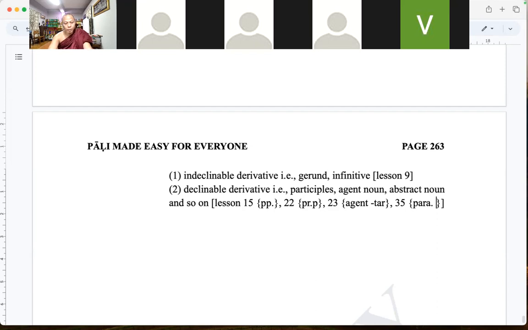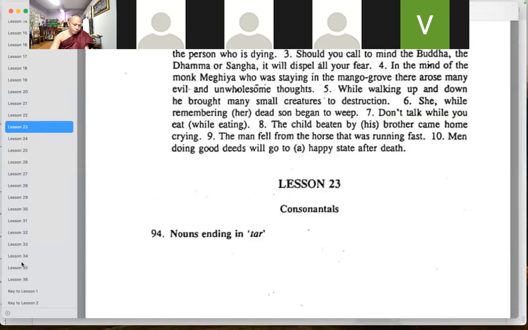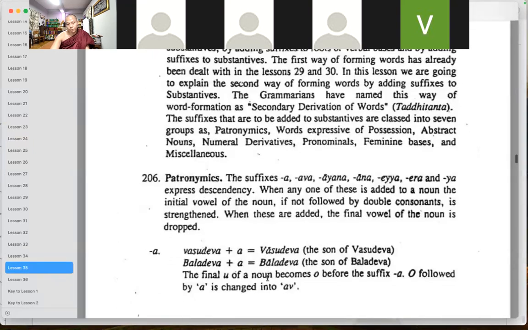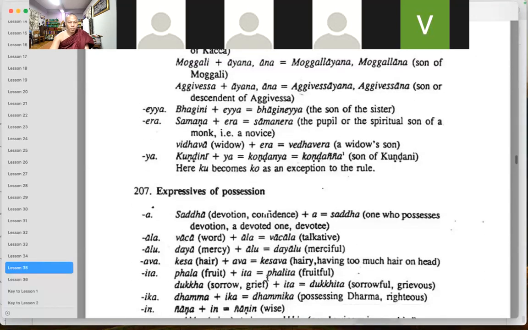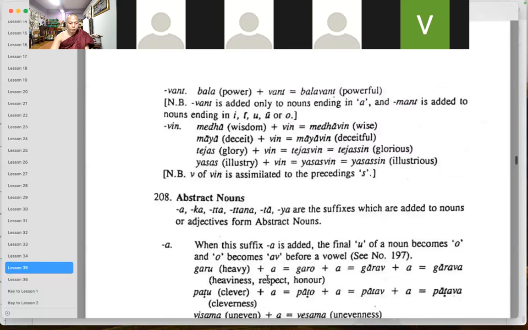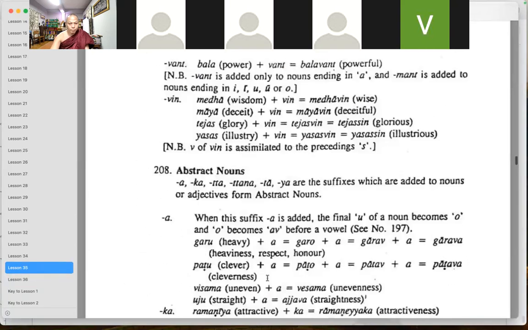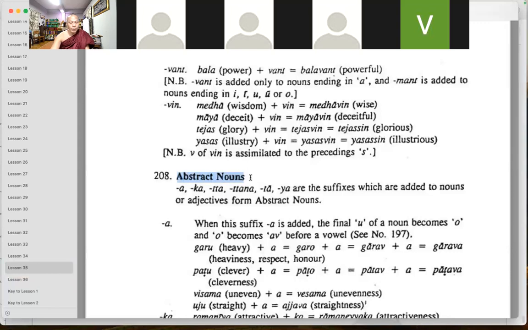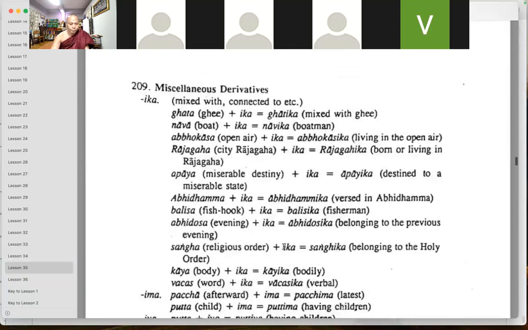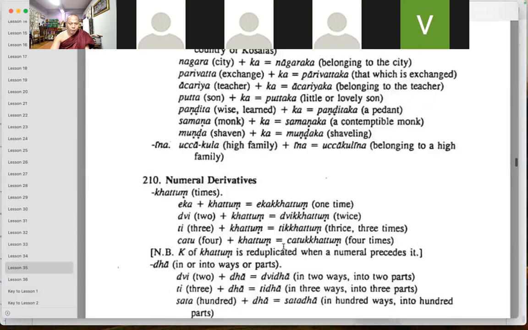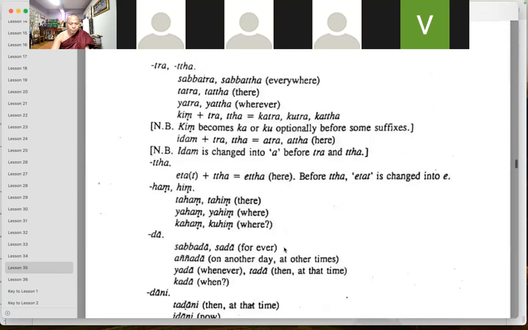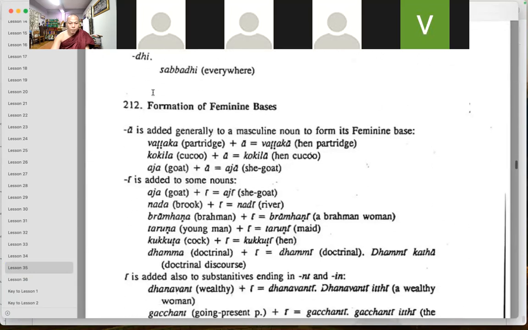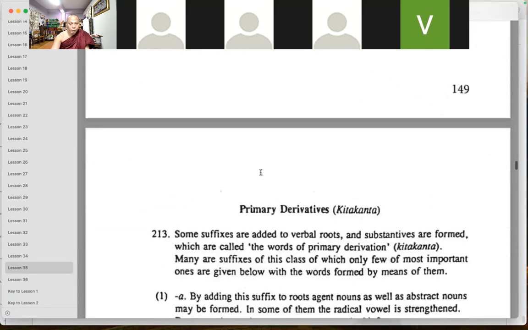So paragraph number... abstract. This one is secondary derivative abstract. Miscellaneous numerical derivative, and the formation of verbs.